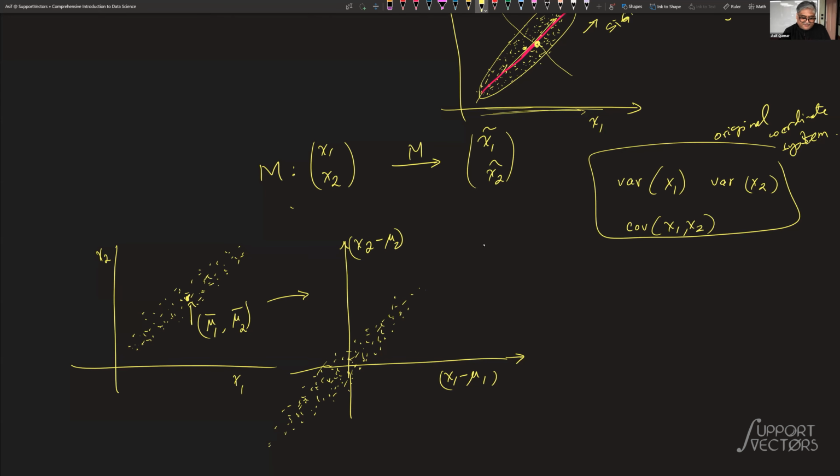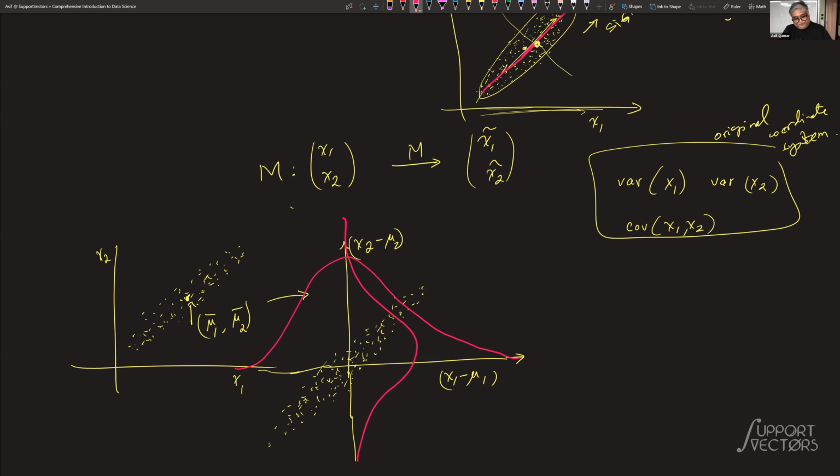Now we are asking, if you look at this data and you plot the histogram of this data, would you agree that the histogram or the density plot of this data will look like this along the x-axis, and along the y-axis also it will look something like this?